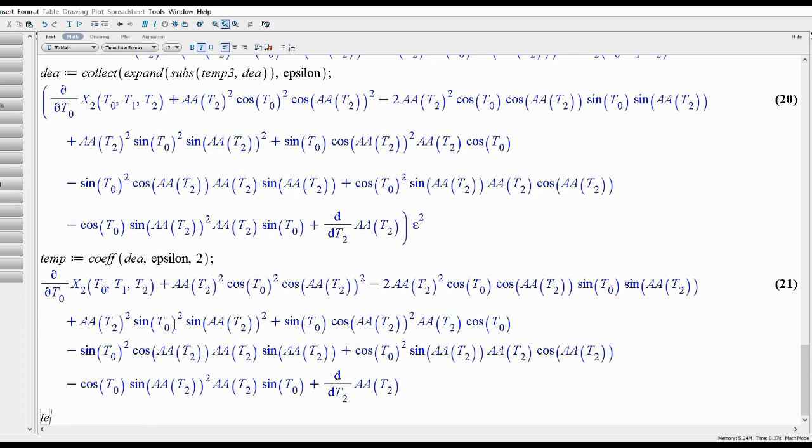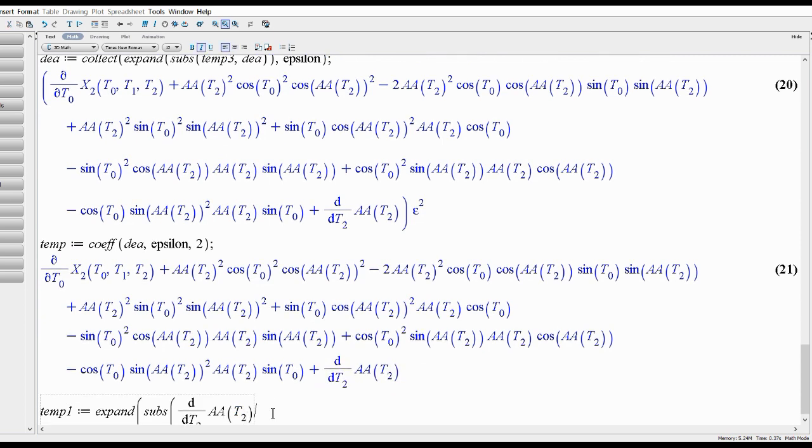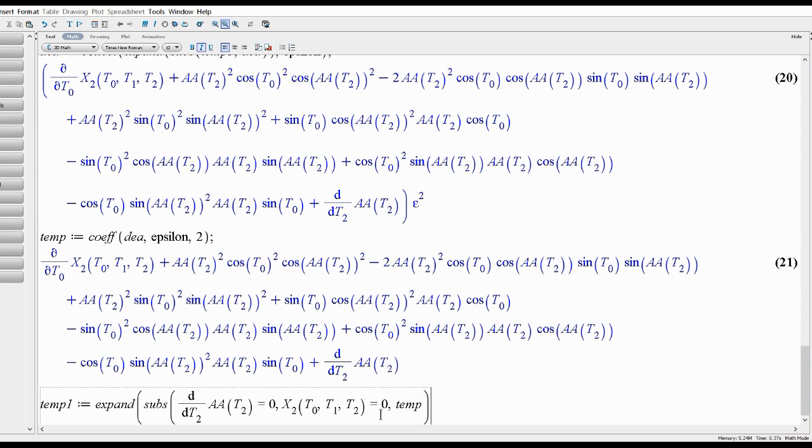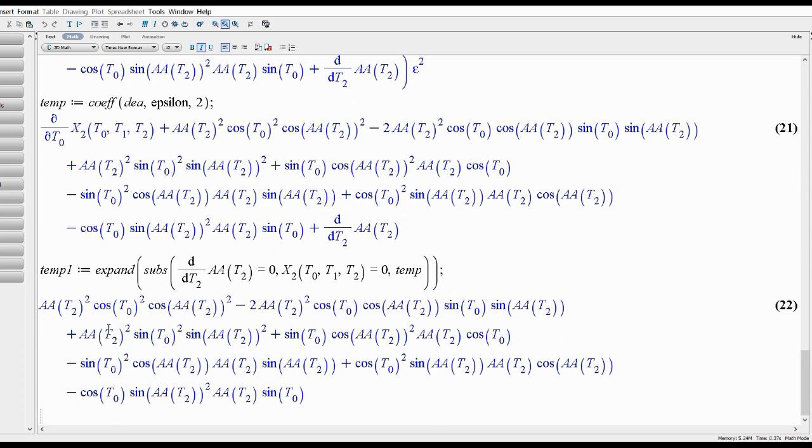Then we say temp 1 is equal to expand, substitute, temporarily we put this one equal to 0 just for simplicity, and this one equal to 0, in temp, and we calculate the average, okay, the negative of that actually.